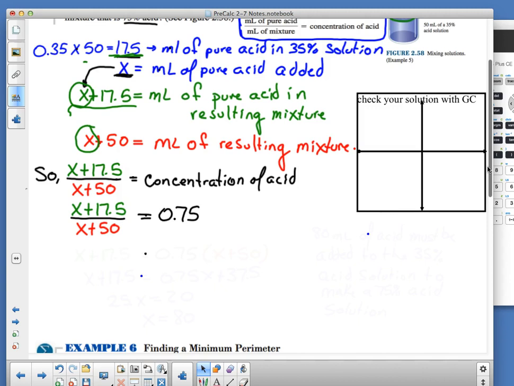And now I just solve this. I multiply both sides by X plus 50, and I multiply those by 0.75, and I'm solving from here to find out what the volume of pure acid is that I should add to the original 50 milliliters at 35% to increase it to 75% acid concentration. Okay?